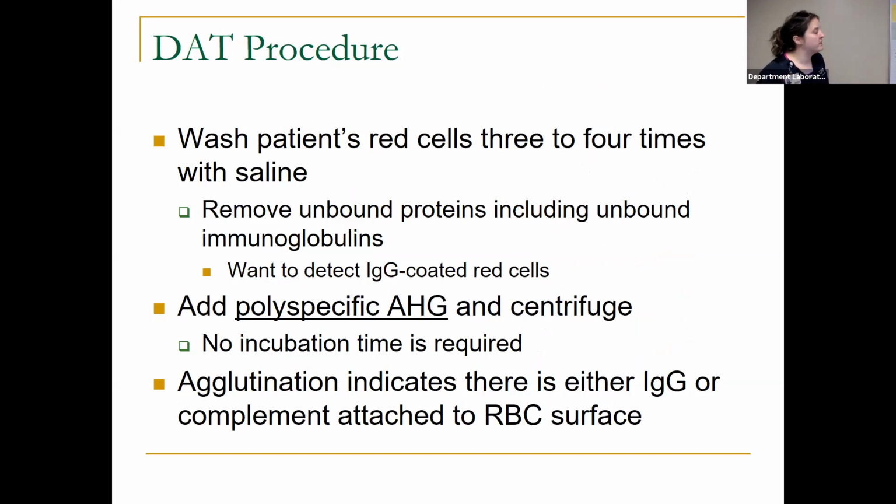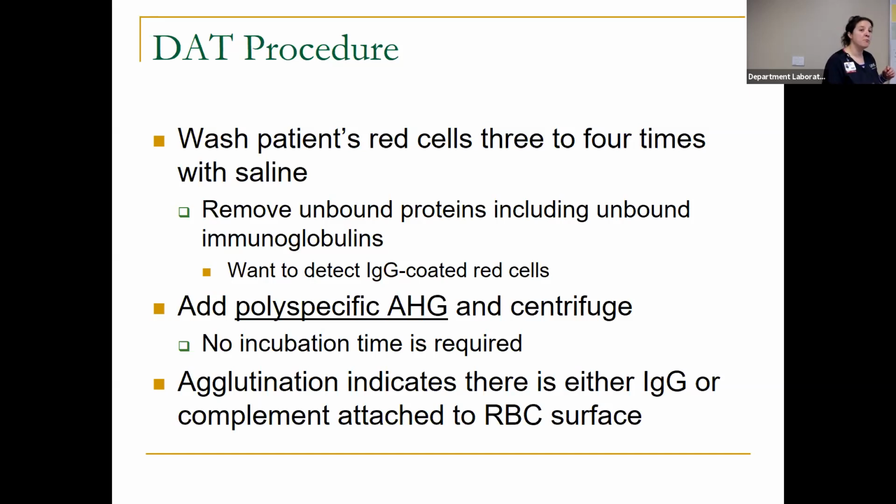All right, so your DAT procedure, you're going to take your patient cells. You're going to do a series of 4 washes. Right, and the reason we want to make sure that we get a really good wash is we want to remove any unbound protein. And the reason that is so important, that unbound protein can neutralize your AHG reagent. What that means is it reduces the reagent's ability for binding, okay?